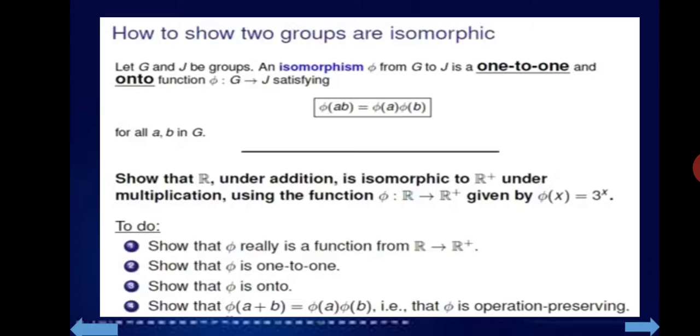Next, we are going to show two groups are isomorphic. Let G and J be groups.